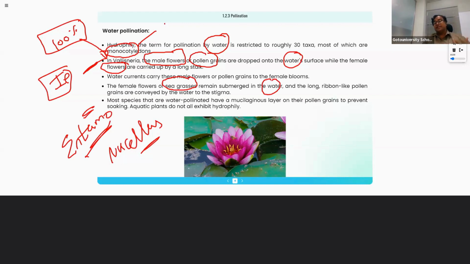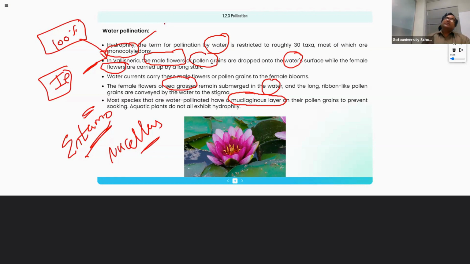Okay, so what word will they ask in the board exam? We don't know. Seagrass. It transfers the pollen grain, right? This pollen grain sustains in the water medium without contamination because of the strong water repellent layer called the mucilaginous layer.